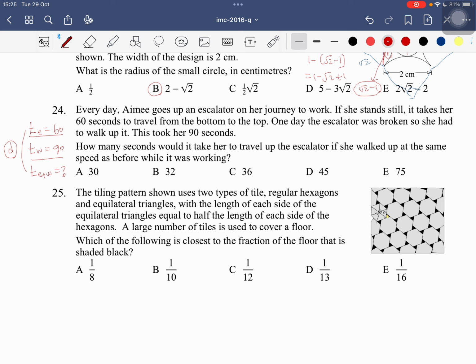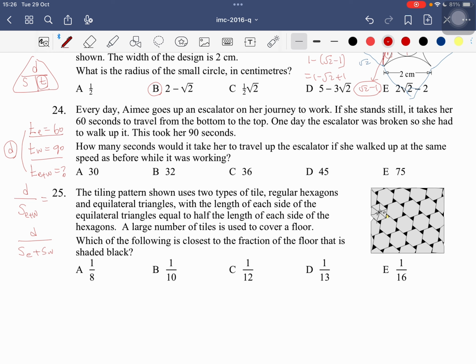So we know this triangle, distance, speed, time. So now we need to know the time. So we need to find the distance over speed of E plus W. And E plus W should be distance of speed E plus speed W, because they are moving on the same side, so they are helping each other.